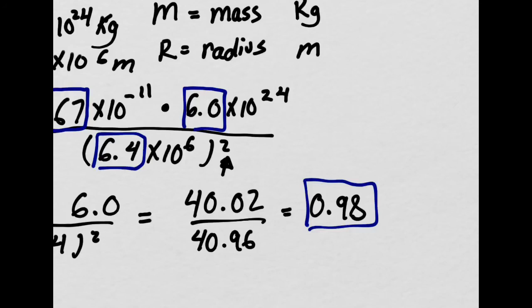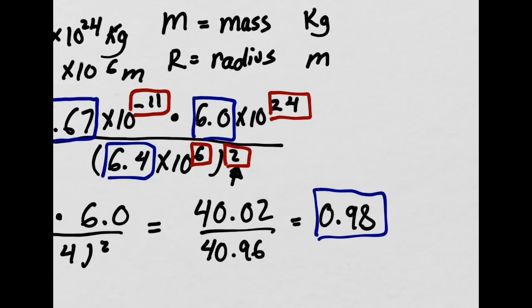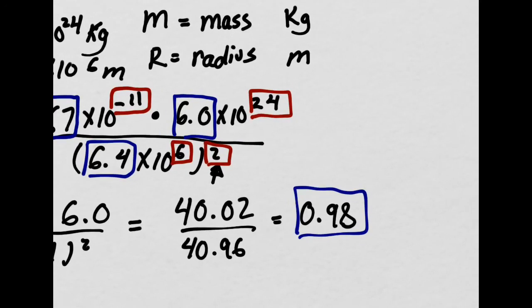Then we have to go back and look at our exponents. So we have a negative 11, a 24 in our numerator, and then a 6 squared in our denominator. When you multiply things with exponents, you add the exponents. So in our numerator, we have our exponents of minus 11 and positive 24.